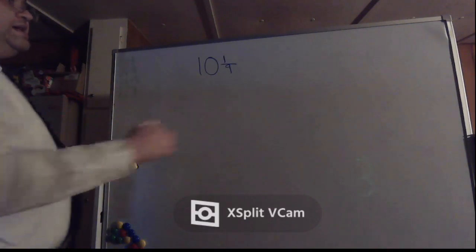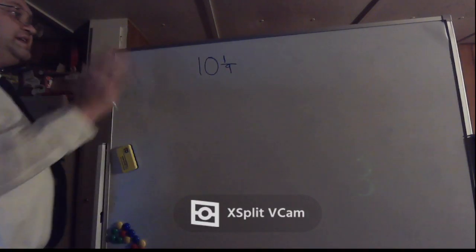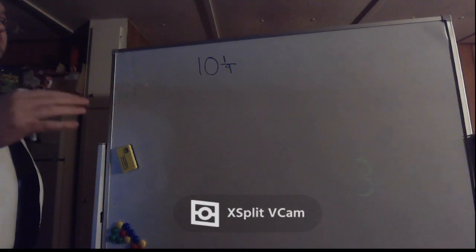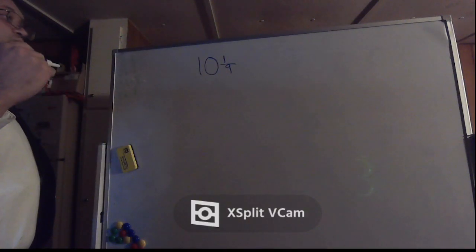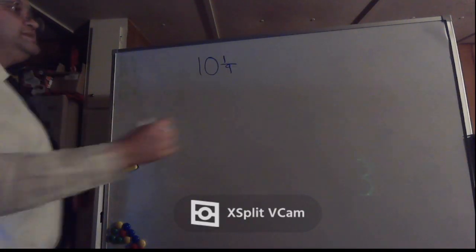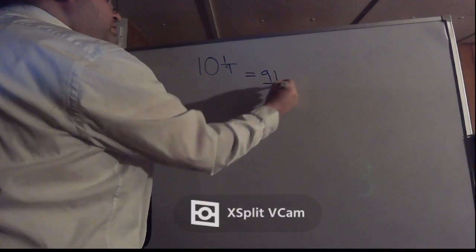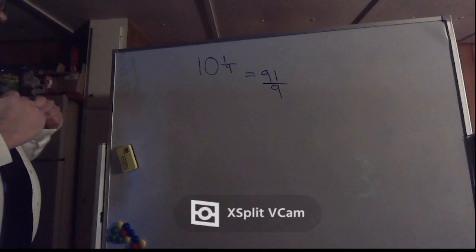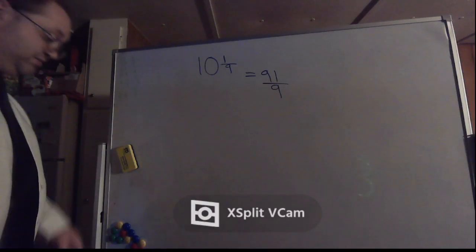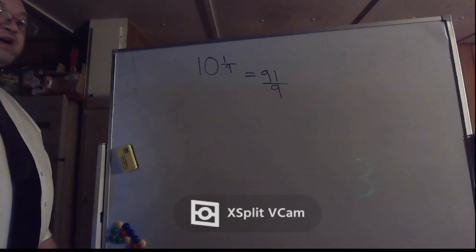So again, take your denominator, which is 9, times your whole number, which is 10. 9 times 10 is 90, plus your numerator, which is 1. So 90 plus 1 is 91. And then you just keep the denominator the same. You'll have 91/9. And that's really all there is to converting a mixed number into an improper fraction.